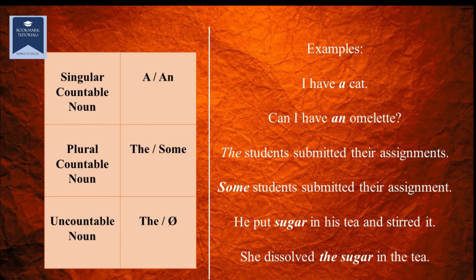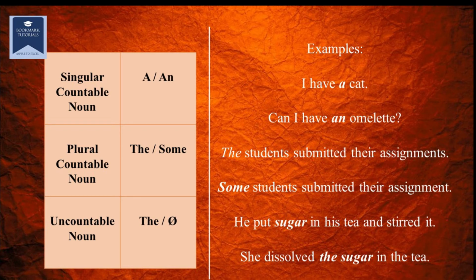These are uncountable nouns. Can I have an omelette? Here again we have a singular countable noun which begins with a vowel sound. Hence we have used the article an.